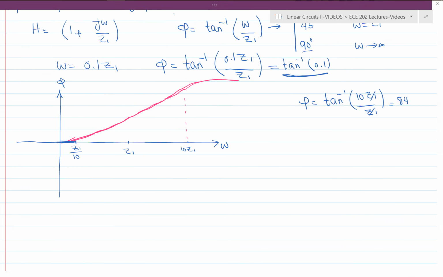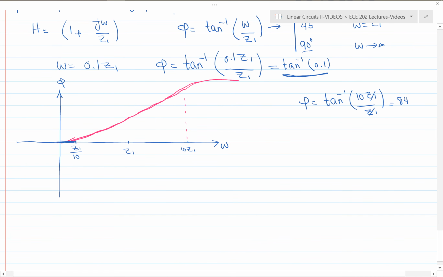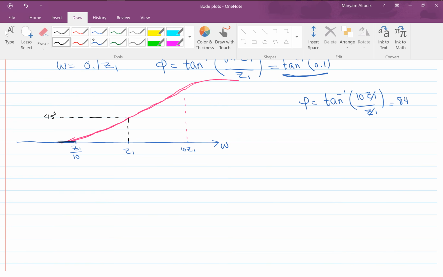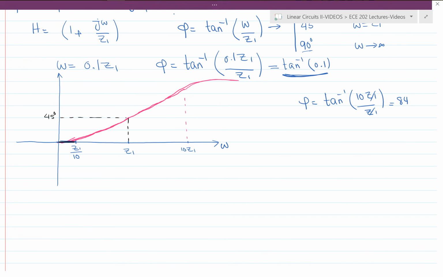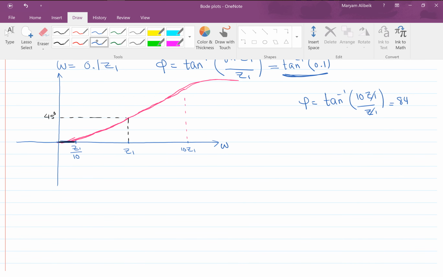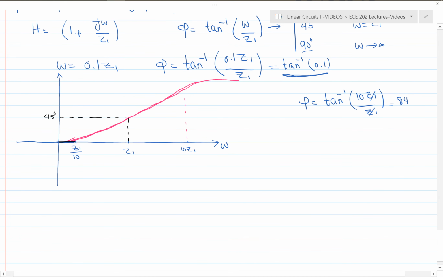Oh, let me draw it with black so you can distinguish it. It's equal to 0. Okay, we're saying that at z1, we are having 45 degrees. Let me just make this axis a little bigger. And then at 10 z1, we make this approximation.